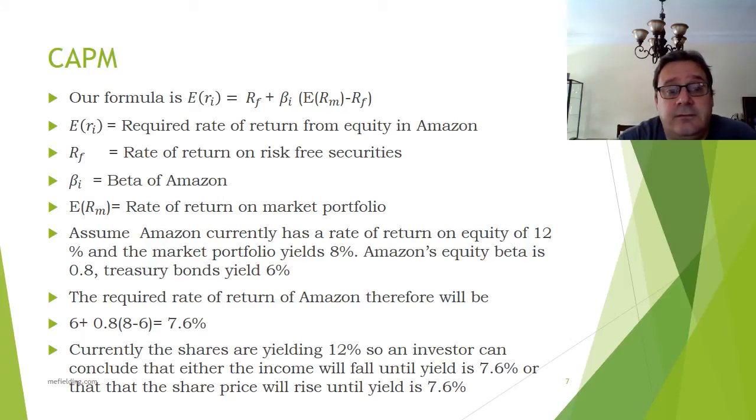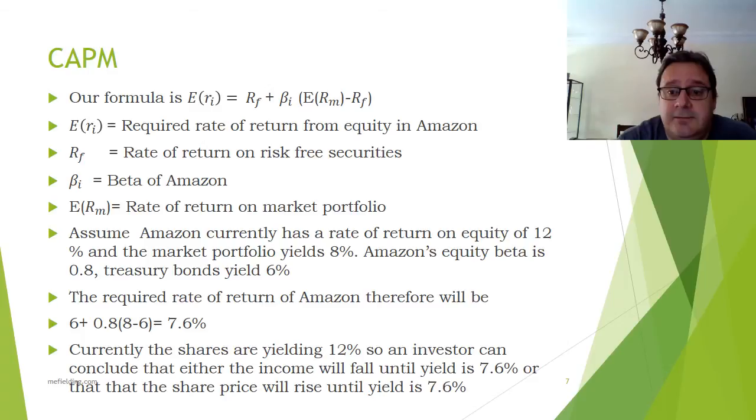So it's the risk-free rate, which is Rf, plus Bi, which is the individual beta, calculated using our graph, multiplied by E(Rm), which is the rate of return on the market portfolio, minus Rf. So it's the difference between the market portfolio and the risk-free rate, multiplied by the company's beta, plus the risk-free rate.